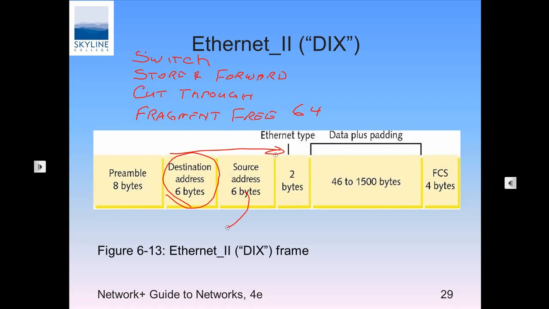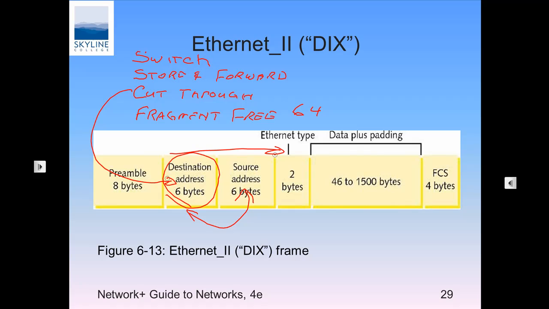So if we had these reversed, we'd slow down the cut-through switching. Cut-through switching, as soon as it sees the destination address, sends it there. It doesn't check anything. Store and forward can actually do the frame check sequence and check for corruption before it forwards it on. These others just send it. Fragment free checks the first 64 bytes because most collisions occur within the first 64 bytes of the frame.